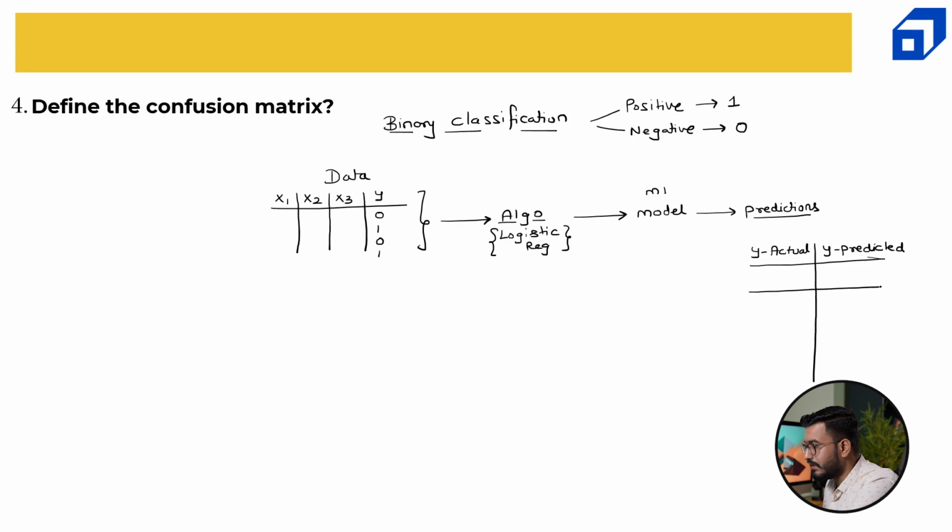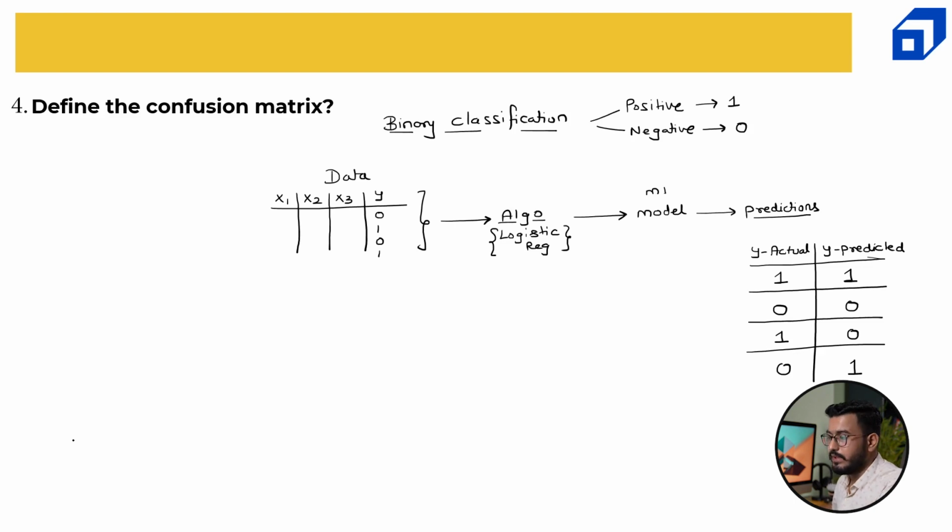There can be a scenario where the actual is positive, which is 1, and the prediction is also positive; actual is negative, prediction is also negative; actual is positive, predicted is negative; actual is negative, prediction is positive. These are the possible cases, the correct classifications and the misclassifications.